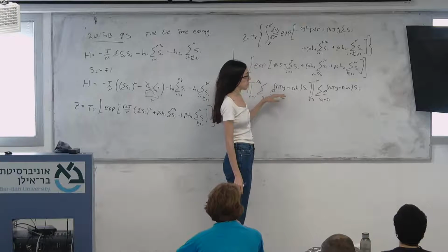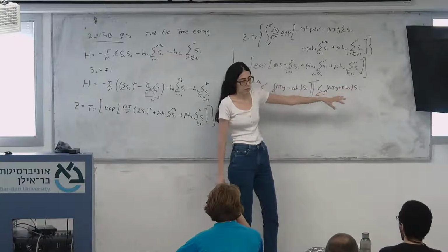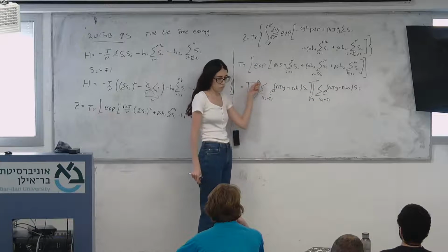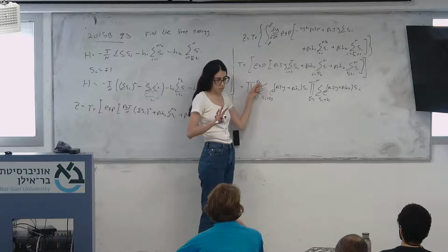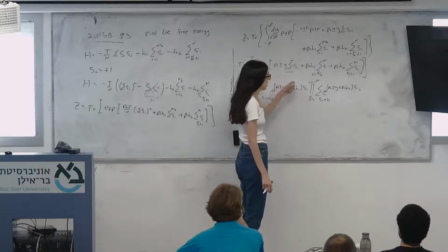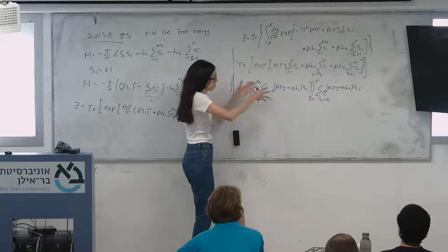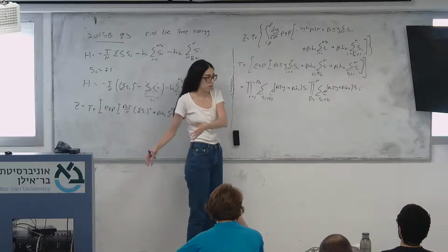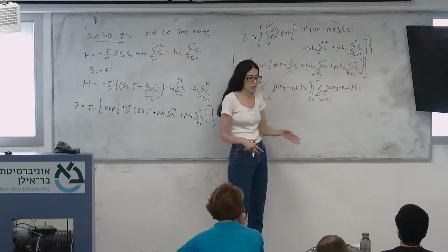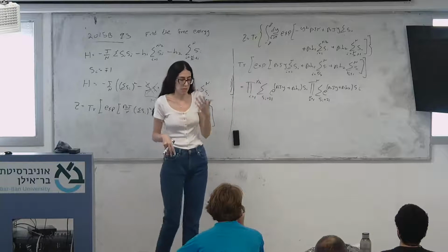So if h1 was equal to h2, that's the normal case that we know, you just had a product from 1 to n. So that's what we did last time. But now we have a product of n different terms with two types of particles: one with field h1 and the rest of the particles with field h2.